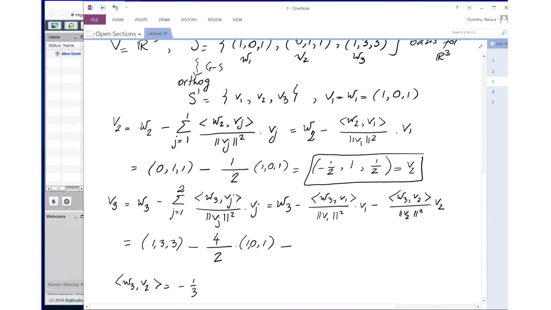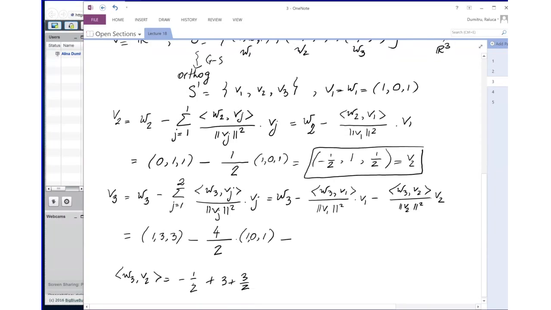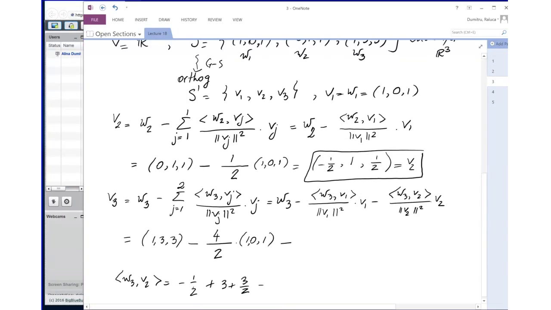I'm doing (1, 3, 3) with this one, with V2. Negative 1/2 plus 3 plus 3/2. So it is 4. So 4 over, let's see, what's the norm of V2 squared?